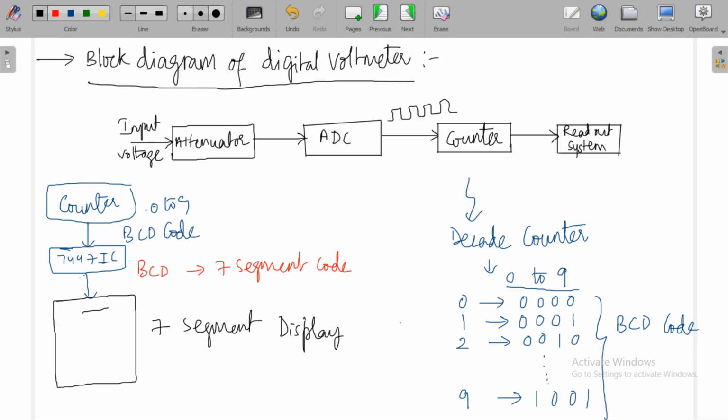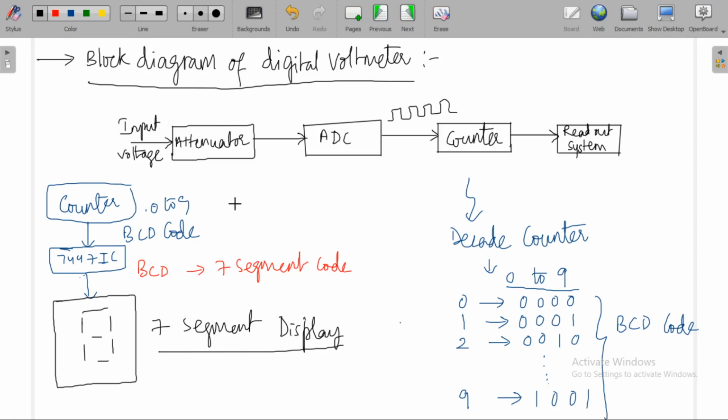Okay, you're going to have 7 segment display like this. You're going to have 7 LEDs. 1, 2, 3, 4, 5, 6, 7. 7 LEDs. Okay, this is 7 segment display. Depending upon this 7 segment code, this 7 segment display displays decimal number.